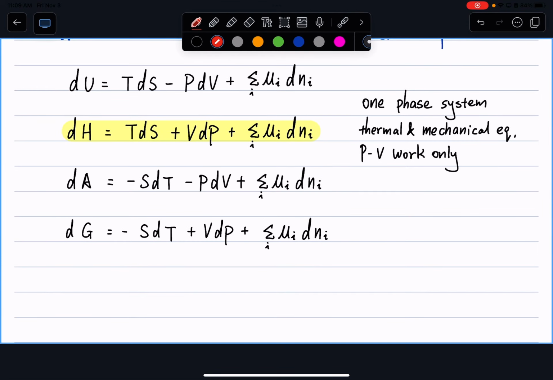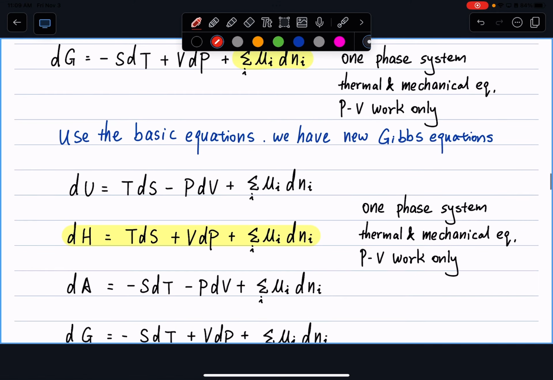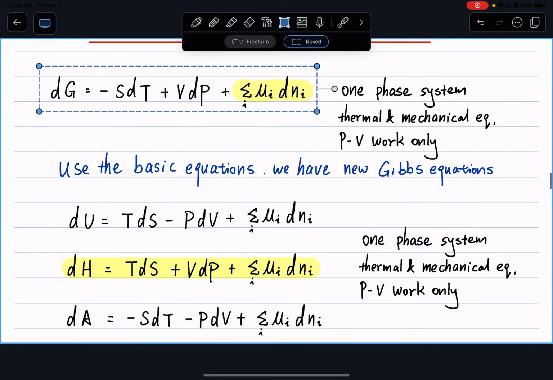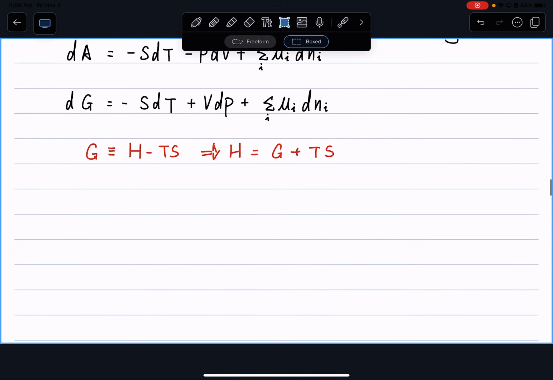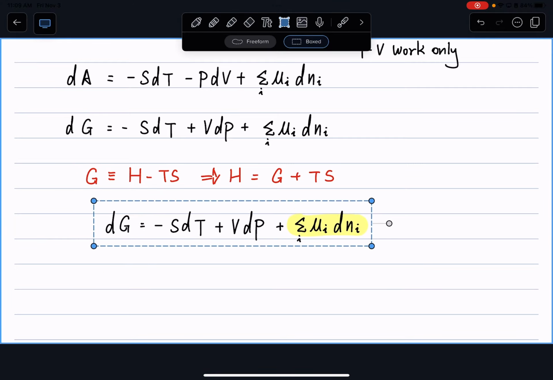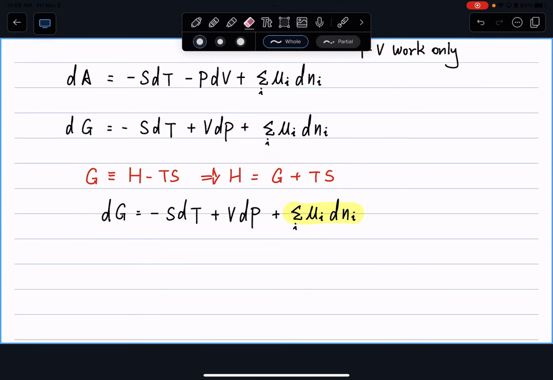What we know here is that G, by definition, equals H minus TS, or we can write enthalpy H equals G plus TS. At the same time, we know that dG equals minus SdT plus VdP plus the chemical potential term.